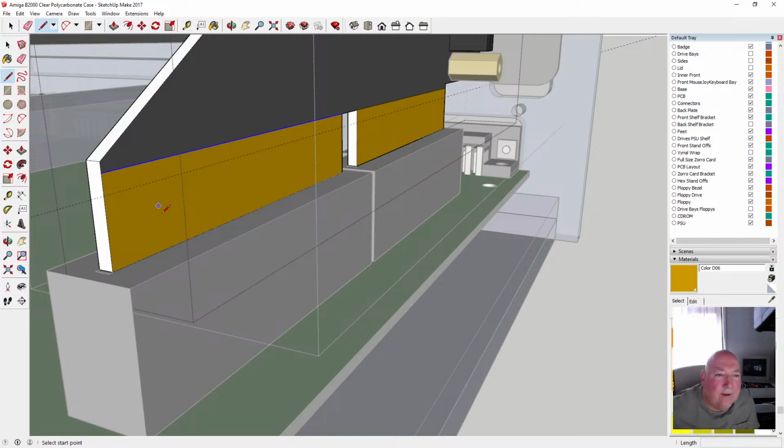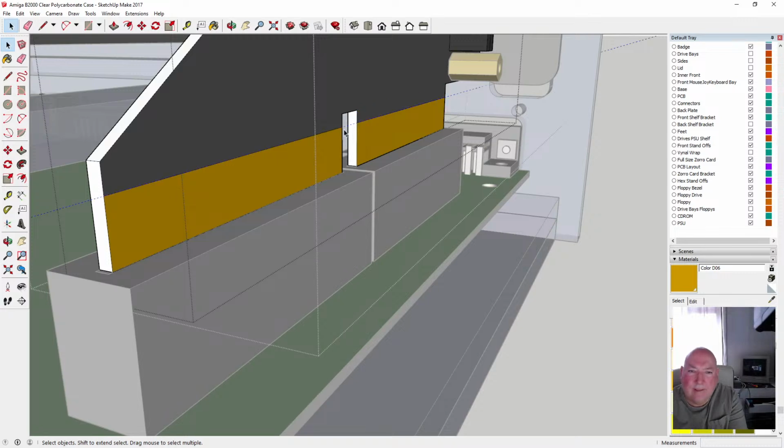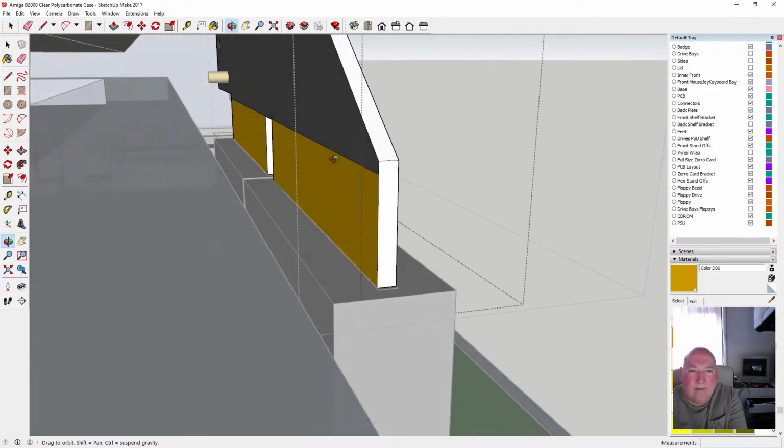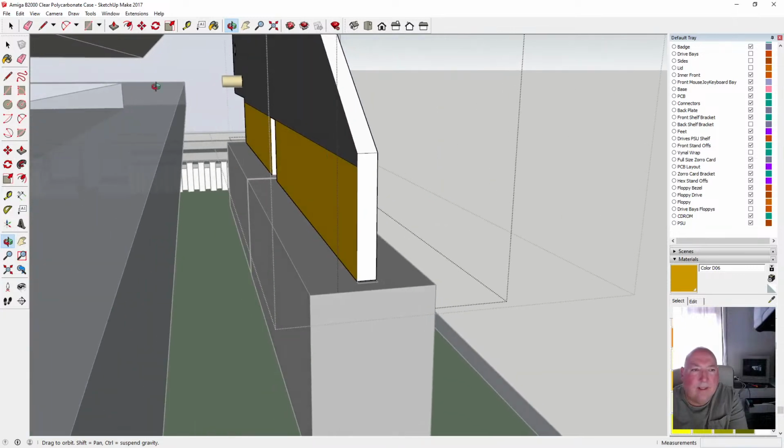Right, so we need to draw a line there to there, there to there, and we need to, what do we need to do? Remove that line, and we need to go the same again here. 2 mil down.